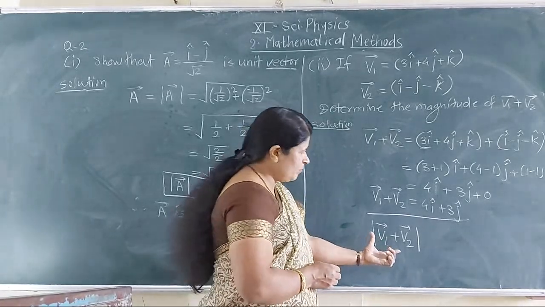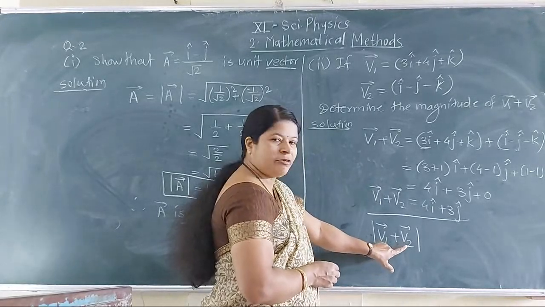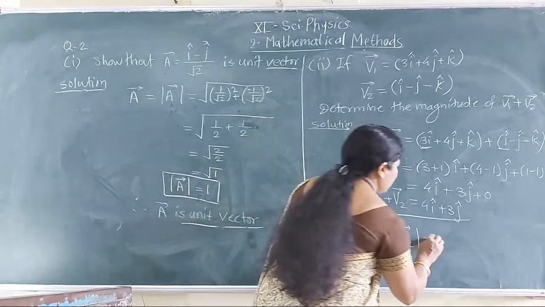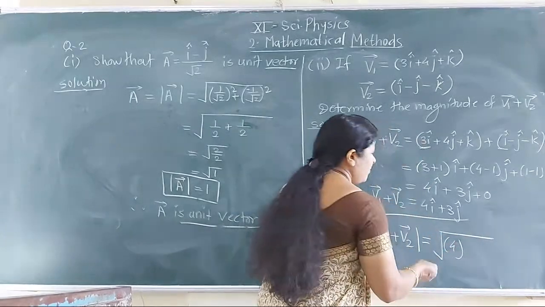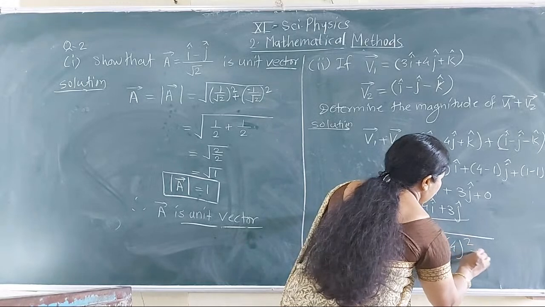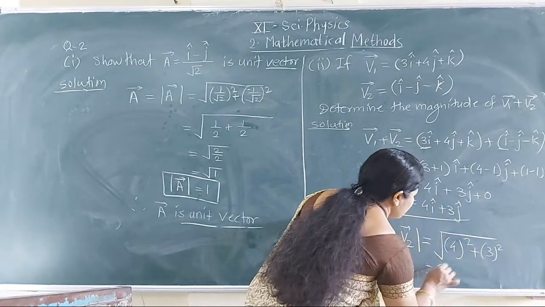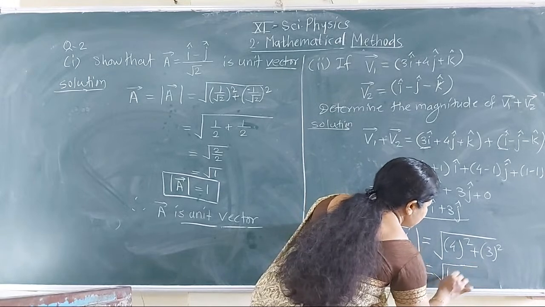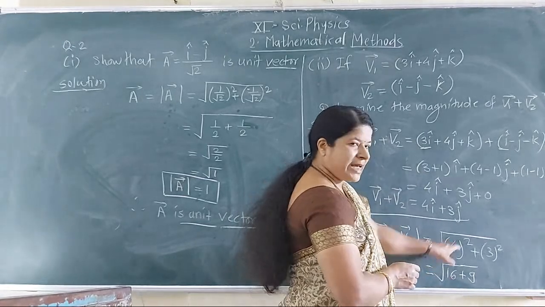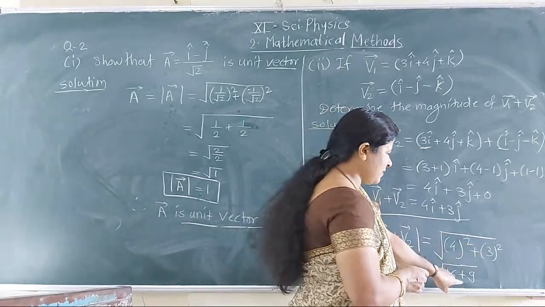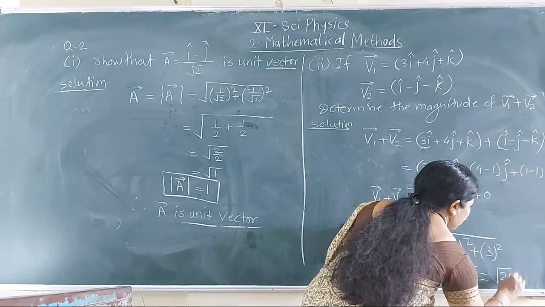Therefore mod of vector V1 plus vector V2 is equal to the square root of 4 square plus 3 square, which is equal to the square root of 16 plus 9, which is equal to the square root of 25.